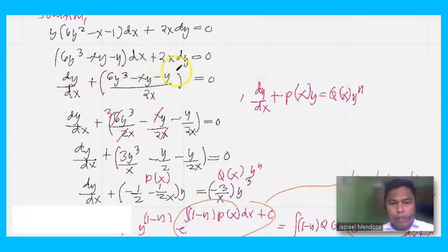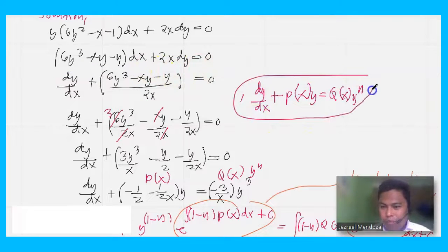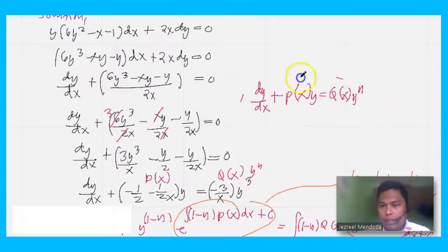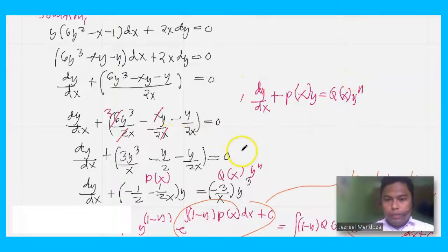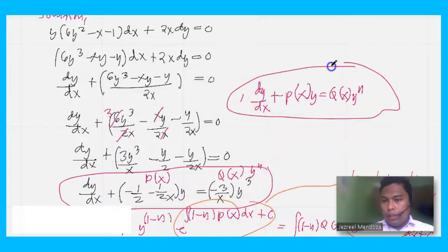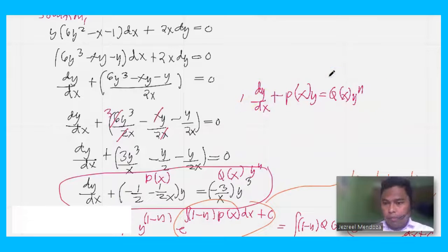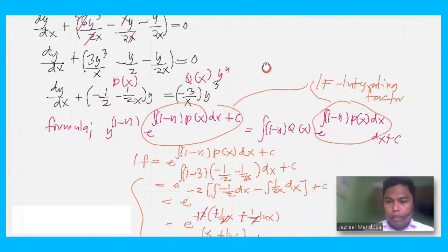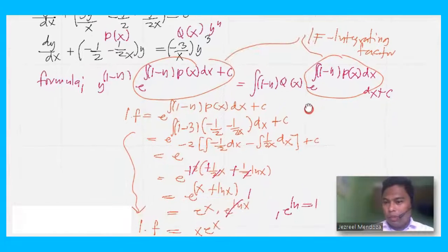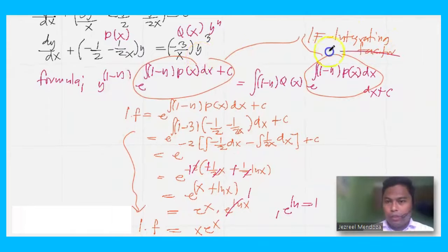Then after transforming this one, this will be the general form for Bernoulli equations, linear in y, that is dy over dx plus p of x times y is equal to q of x times y to the n. So from this, we can see that this dy over dx actually meets the condition of the general form of Bernoulli equations. And then from that, this is the formula for solving Bernoulli equations.